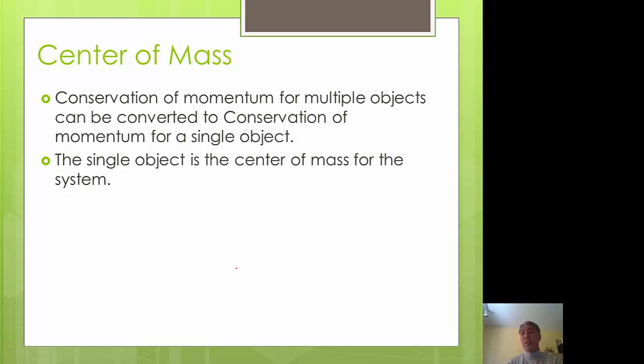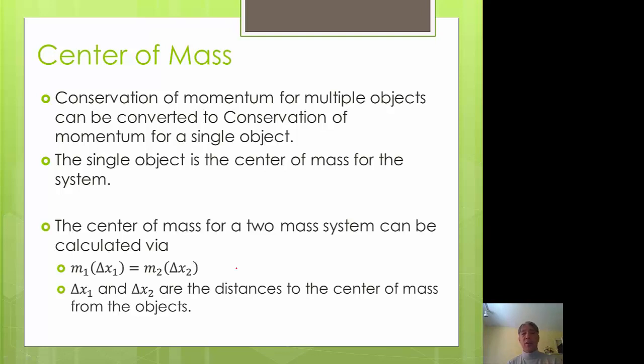If it's a closed system, I can treat it as one object, and that one object has a center of mass associated with it. Even if that one object is moving, it would have a momentum associated with the center of mass.